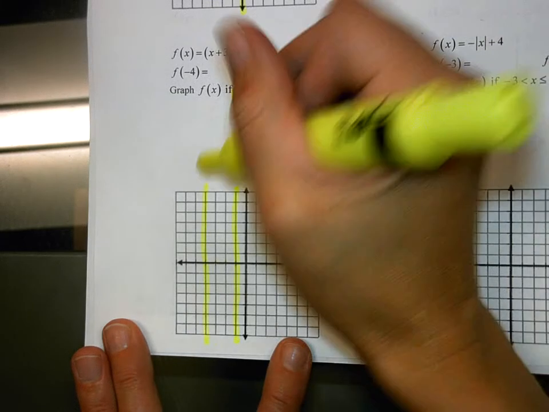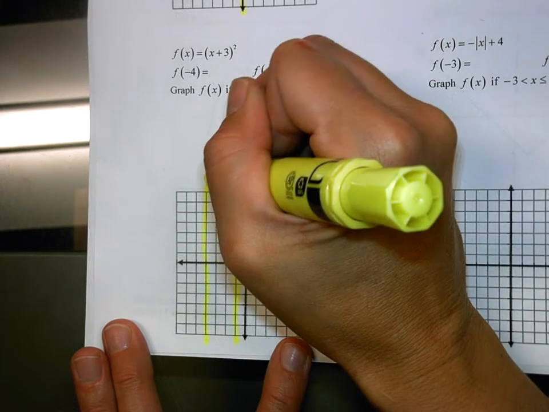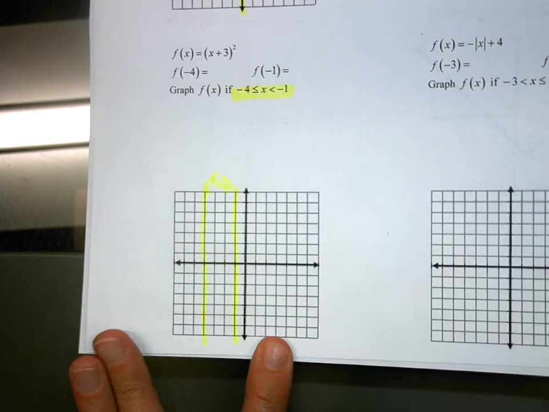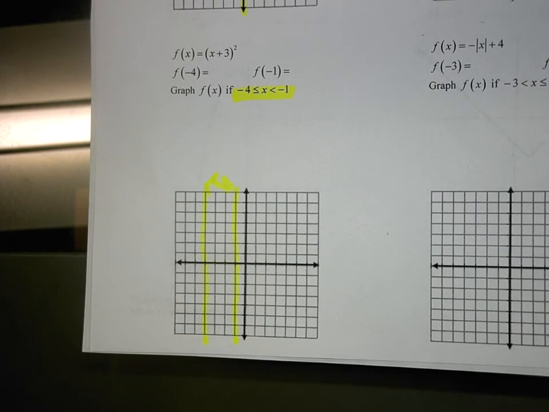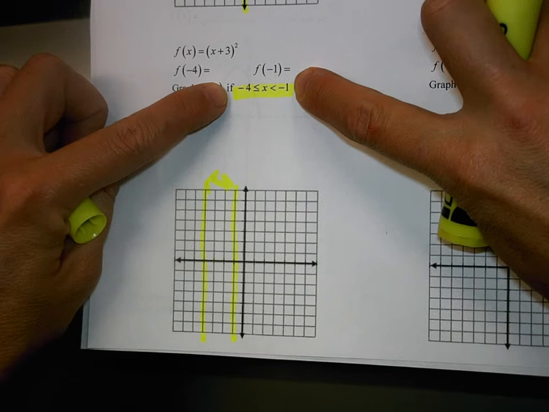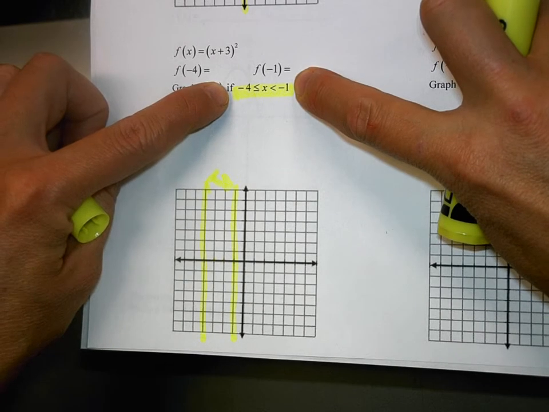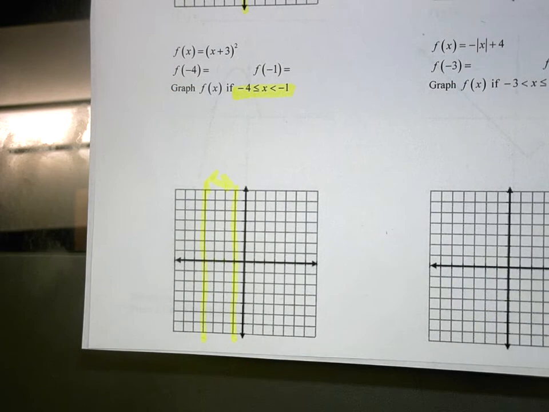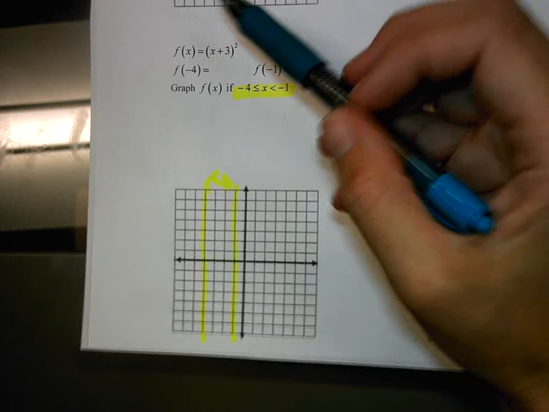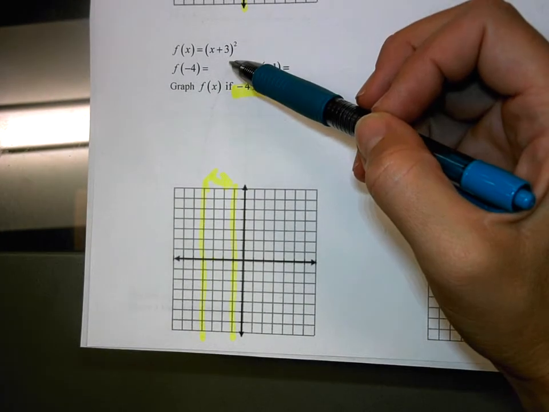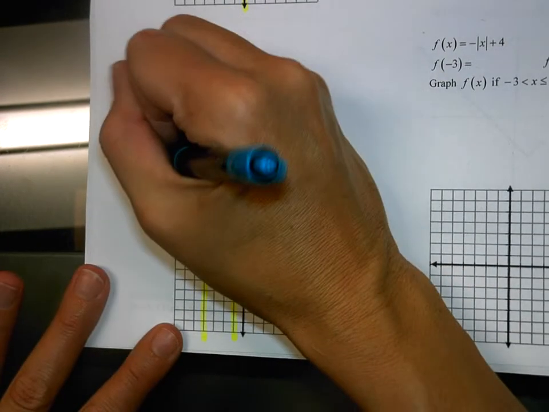And the graph is only in this area. It's only the values between negative 4 and negative 1. That's what this means. Only from negative 4 to negative 1. What type of function is this? Very good. It is a quadratic.